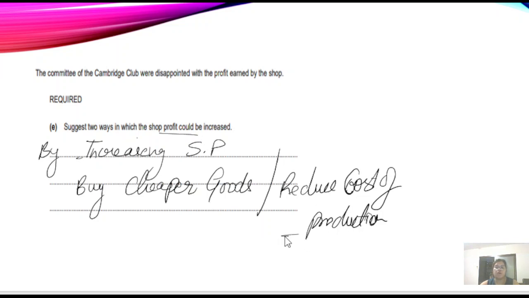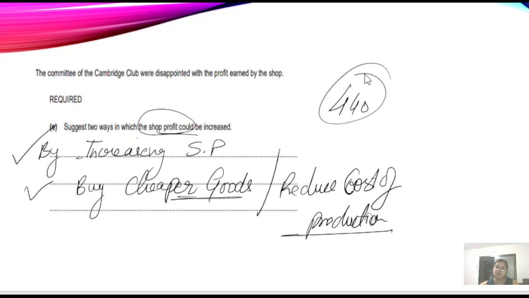By reducing the cost of production or buying cheaper goods, these are the two suggested ways in which the shop will earn more profit, because 440 is a very small amount.